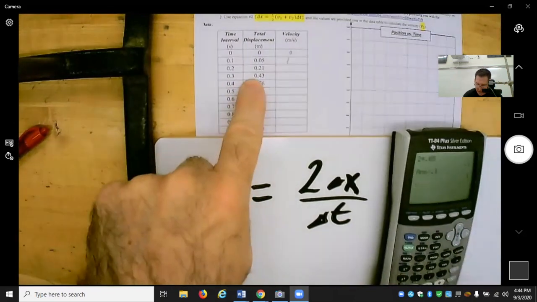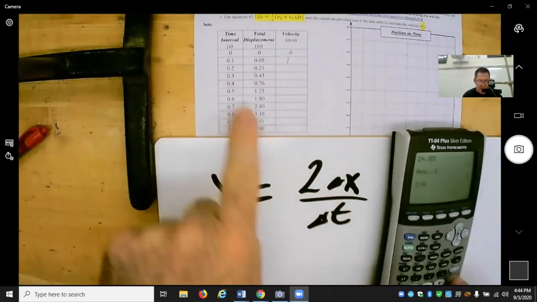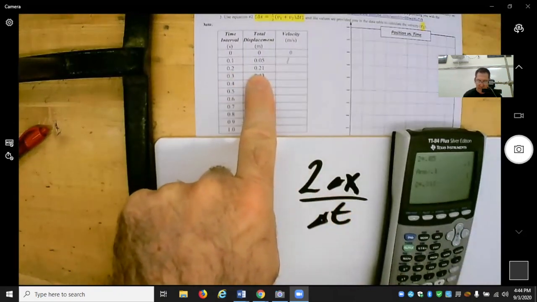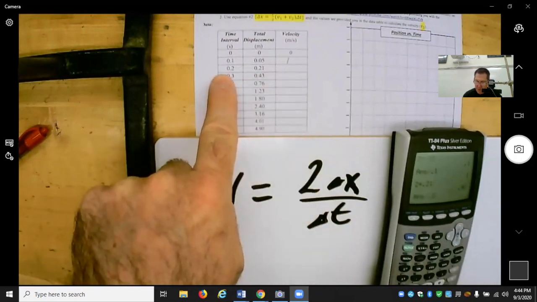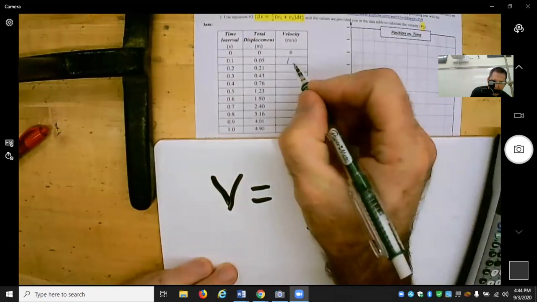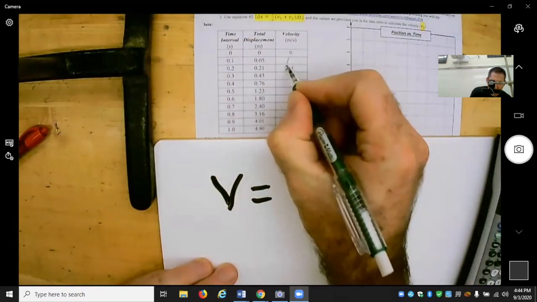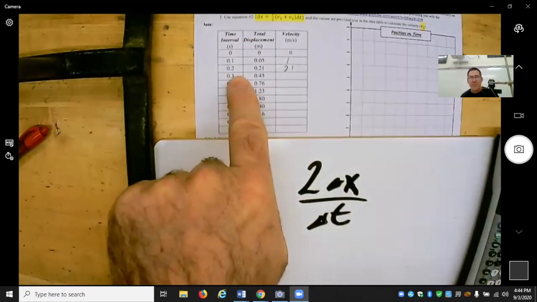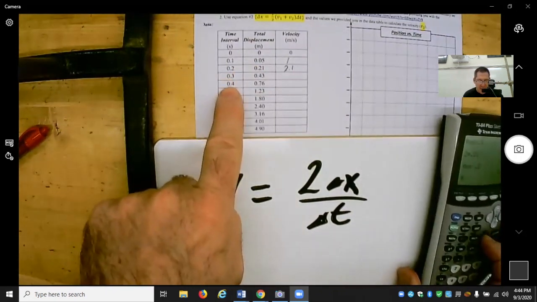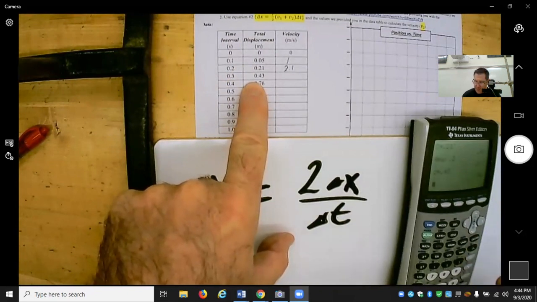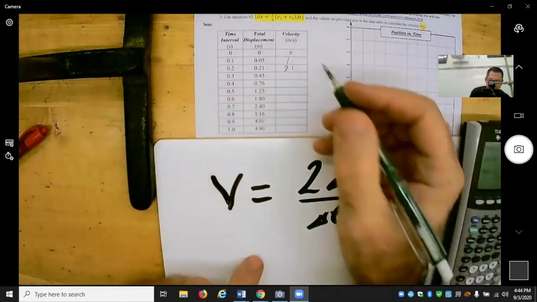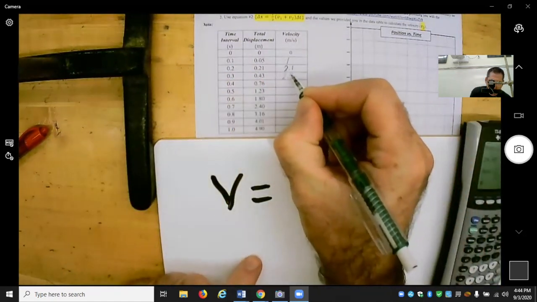After 2/10 of a second, I'm going to take 2 times the distance, so 2 times 0.21 divided by the time of 0.2, and I get 2.1 meters per second. Almost twice as fast as a tenth of a second earlier. After 3/10 of a second, 2 times 0.43 divided by 0.3, I get 2.9 meters per second.